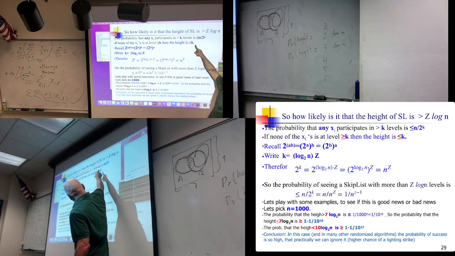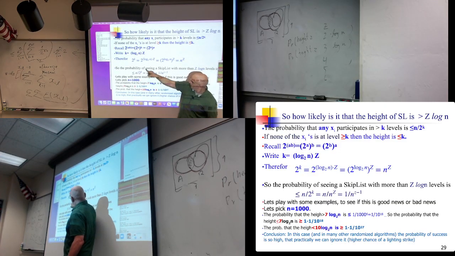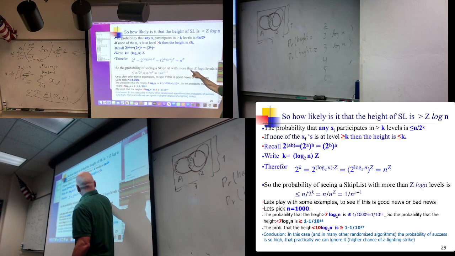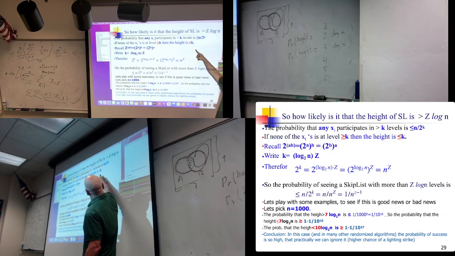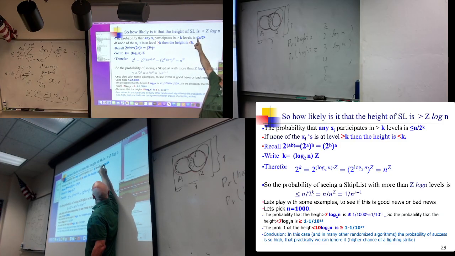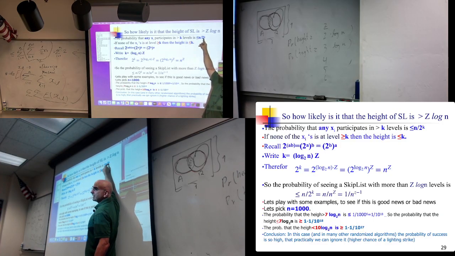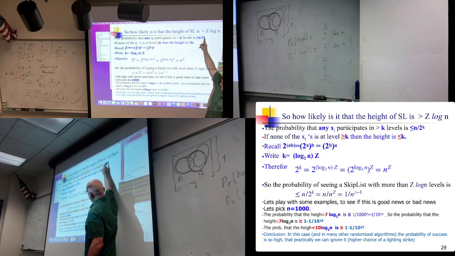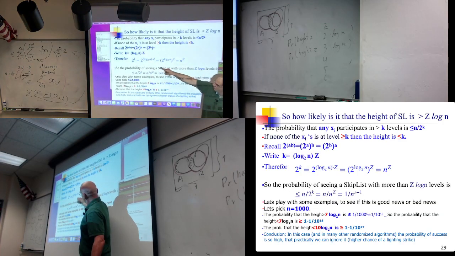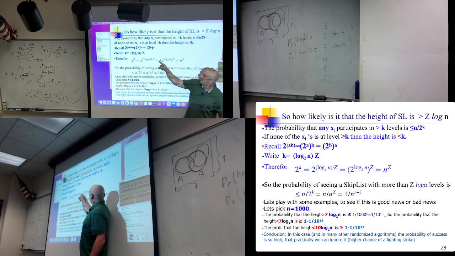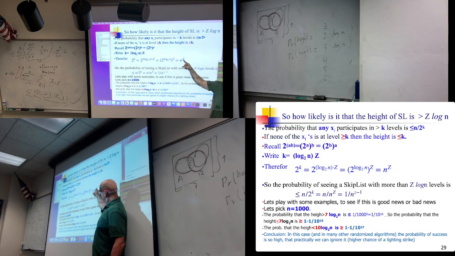So the probability of seeing a skip list with more than z times log n many levels is less or equal than n divided by 2 to the k. What is 2 to the k? 2 to the k is 2 to the z log n, which is n to the z.